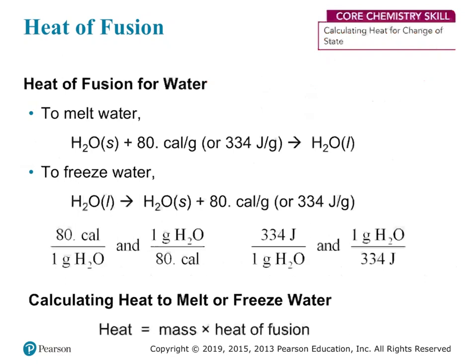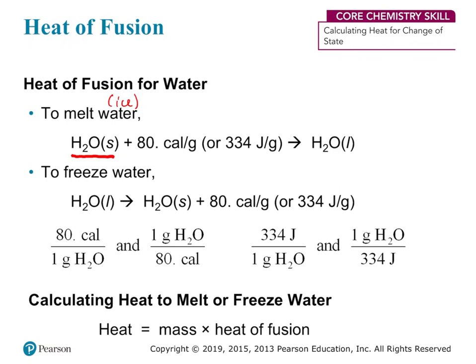Okay, so let's look at some actual values for this heat of fusion. So in order to melt water or ice, we have solid water, and this little S in parentheses next to H2O indicates that we have a solid, so that's ice. We can add 80 calories per gram of heat, or 334 joules per gram of heat.